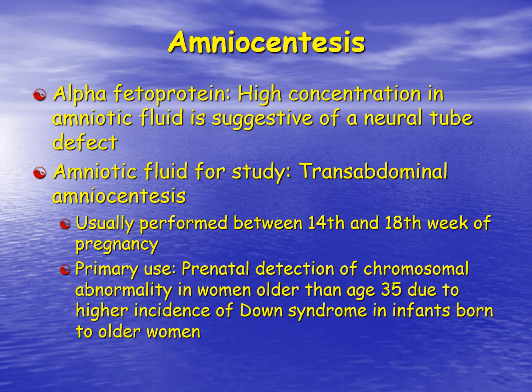The primary use for amniocentesis is the prenatal detection of chromosomal abnormalities in females older than age 35 due to, again, higher incident risk of Down syndrome in infants born to older females.